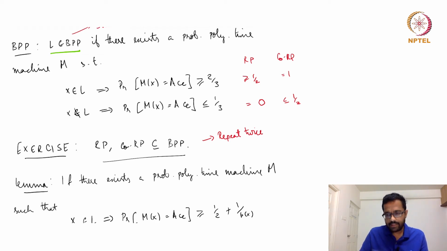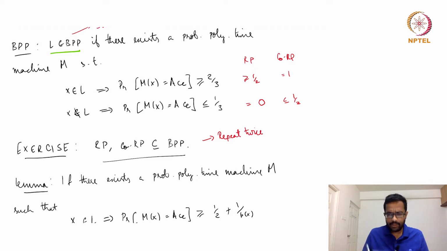And similarly in the case of co-RP. So just by repeating the RP algorithm 2 times, we will get the probability of acceptance in the case of X in L to be at least 3/4. And the probability of acceptance in the case of X not in L remains 0, right.